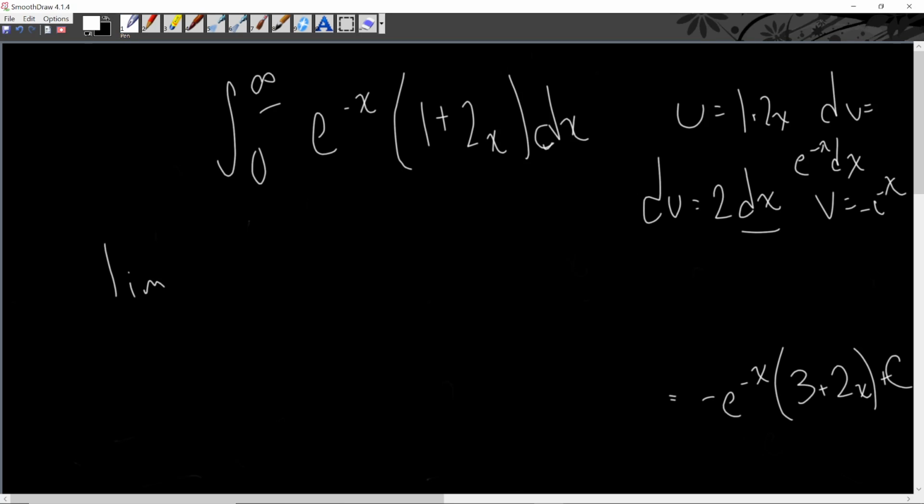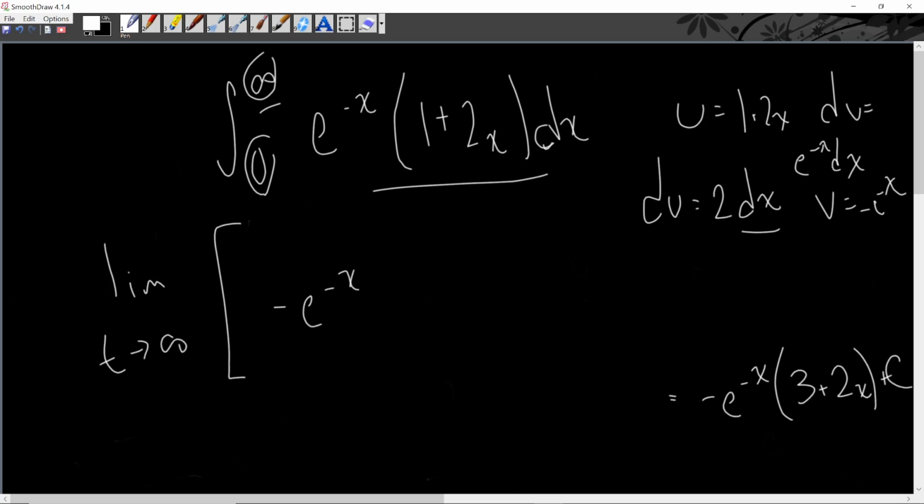We have the limit as t approaches infinity of the antiderivative of this, where you plug in t for infinity and 0 for 0. So we're going to have negative e to the negative x times 3 plus 2x with the bounds of t and 0.